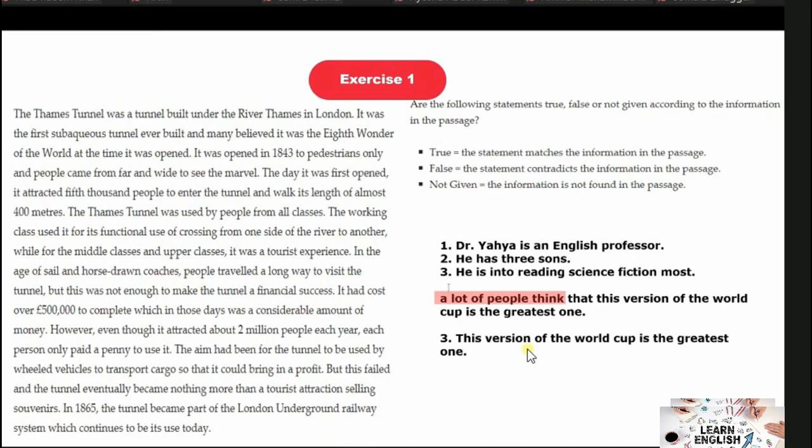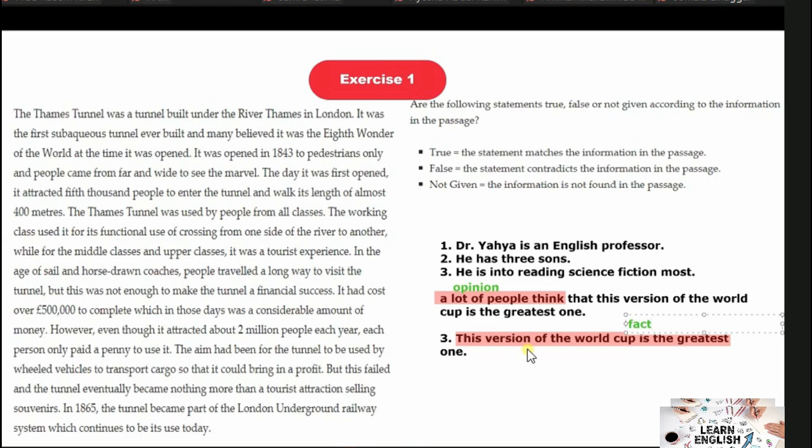So this is an opinion, right? And when I say this version is the greatest one, that means I give it the form of what? Of fact. It is going to be a fact if we have statistics about that, right?